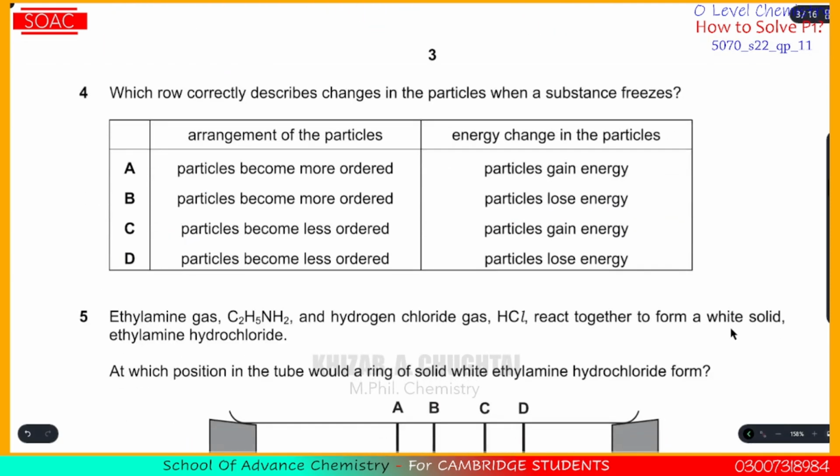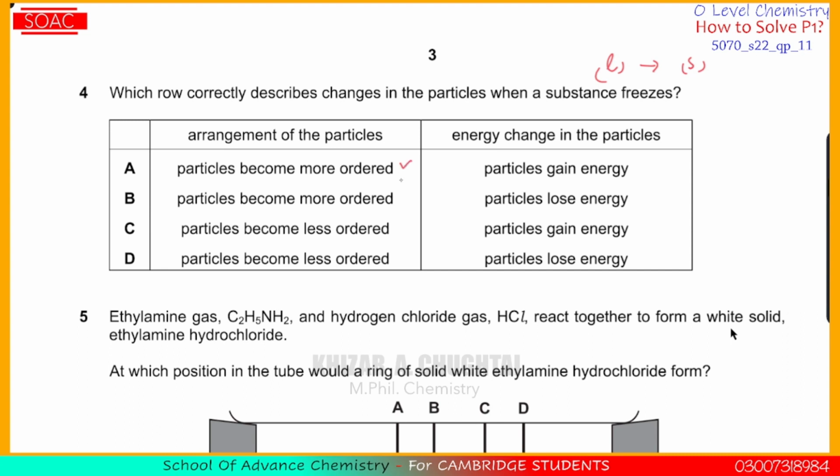Question number 4, which row correctly describes the change in the particles when a substance freezes? So what is freezing basically? When a liquid is cooled down and it changes its state into the solid state. For example, when water freezes and changes into the ice state. The arrangement of the particles definitely becomes more ordered.